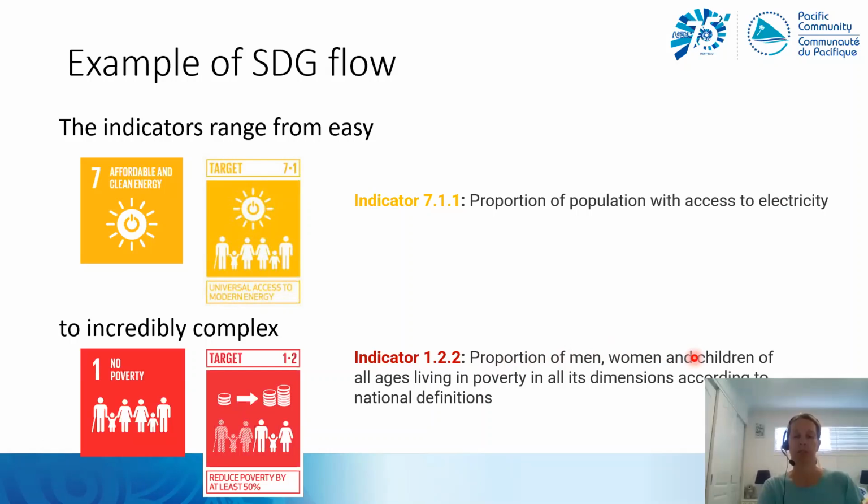So already we've got 3 sub-indicators of all ages. So that's another minimum 2, 3, up to 5 categories. Living in poverty in all its dimensions. So we've got to look at monetary poverty, food poverty, access to services, and according to national definitions. So we don't even necessarily have a global methodology to follow. So you can see that there's quite a range in complexity in the SDGs.